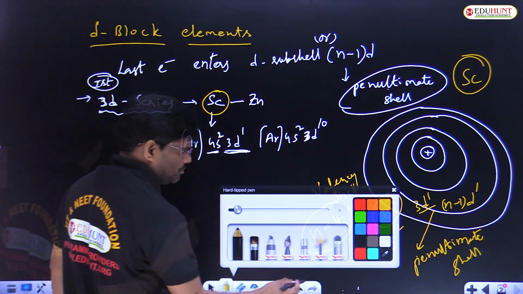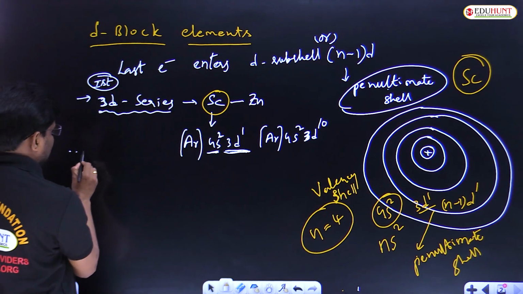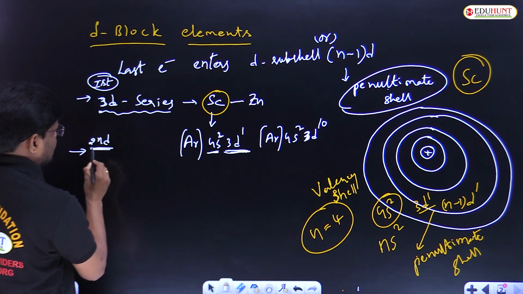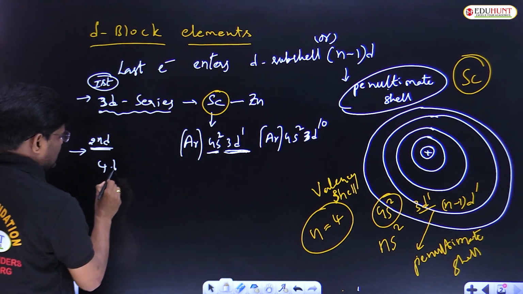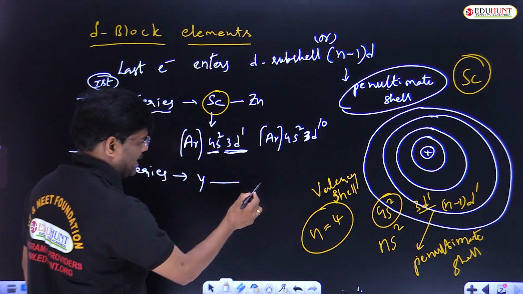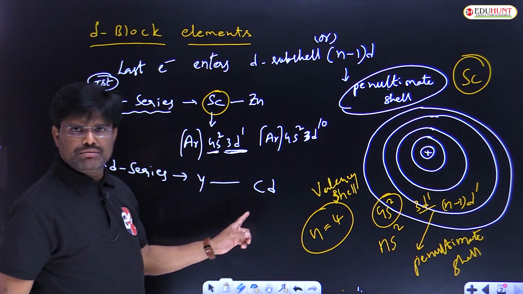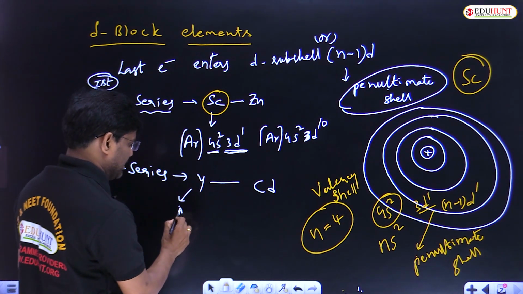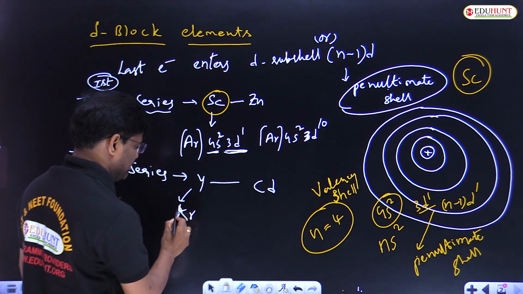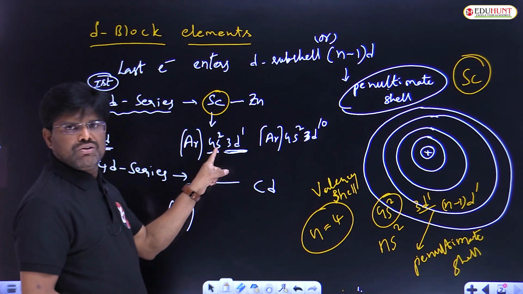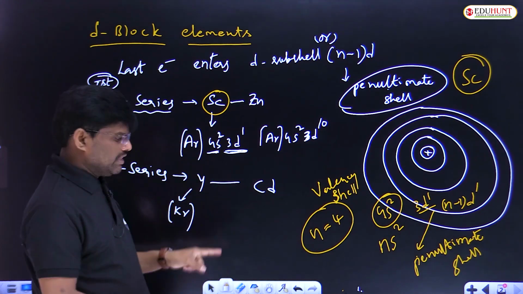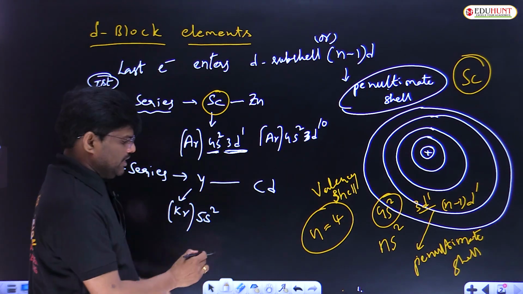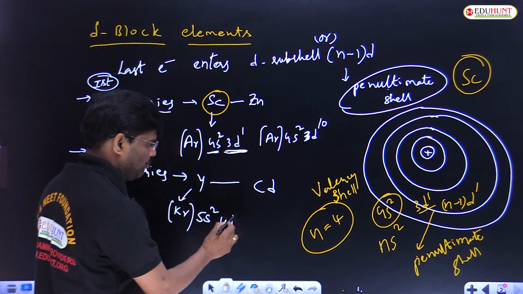Let's go to the second series, the 4d series. Yttrium to cadmium. The electronic configuration is krypton 5s2 4d1. Here 4s2 becomes 5s2, and 3d1 becomes 4d1. One shell increases.